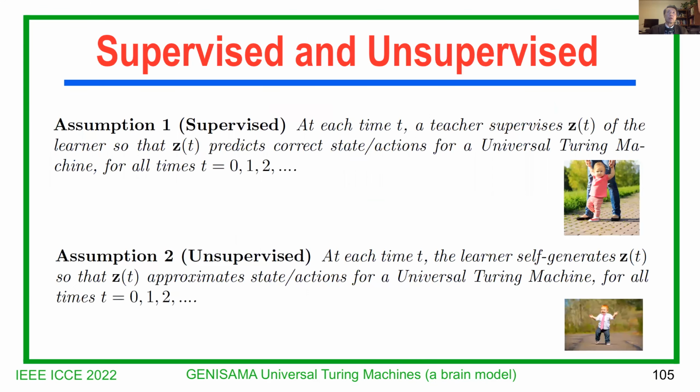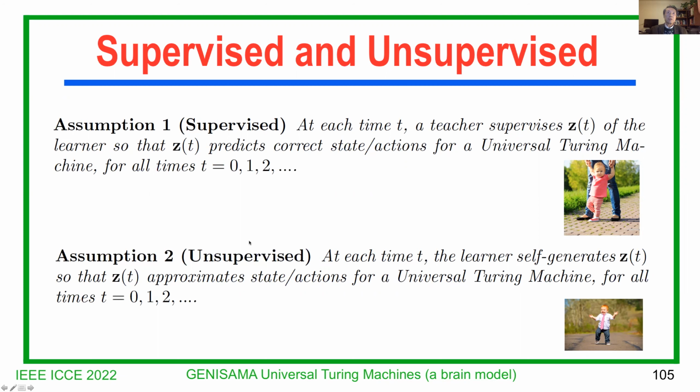Motivation. Traditionally, we have two modes of learning, supervised and unsupervised. Supervised: at each time t, a teacher supervises the Z_t of the learner so that Z_t predicts correct state and actions for a universal Turing machine for all times.